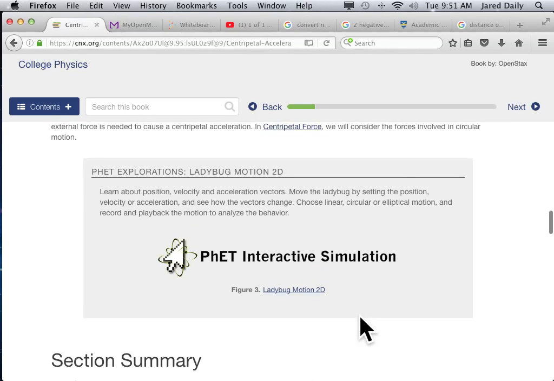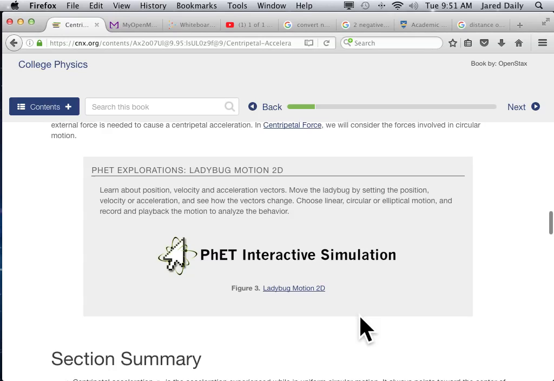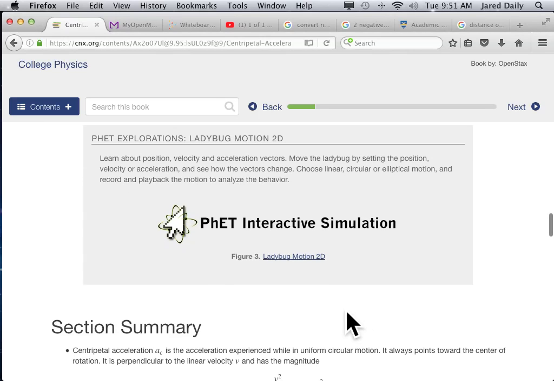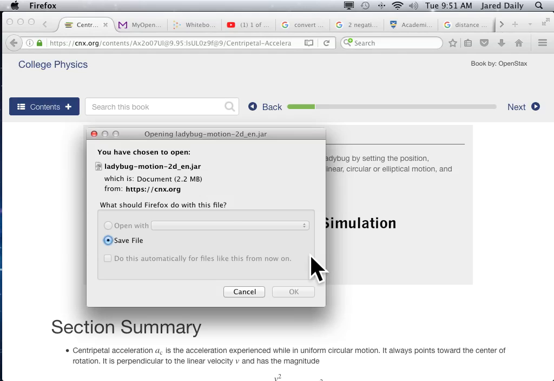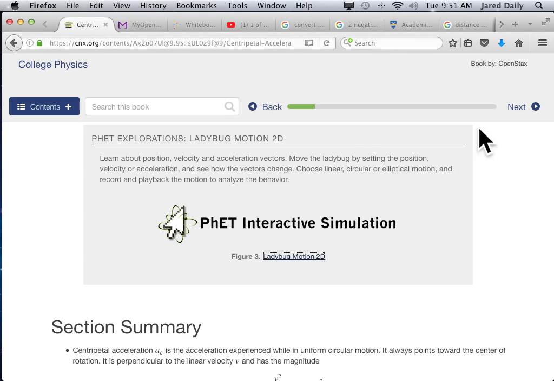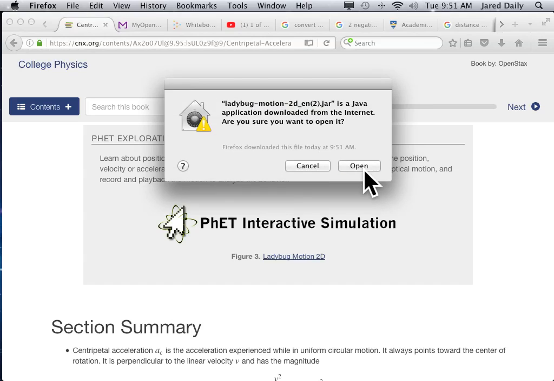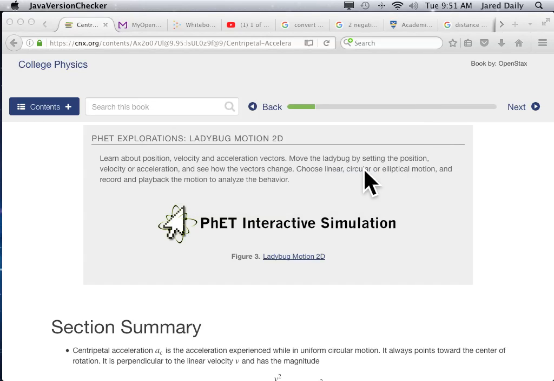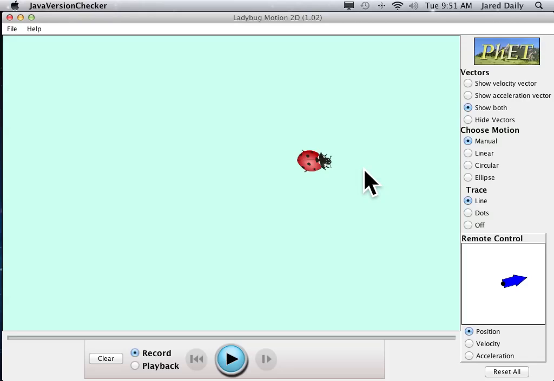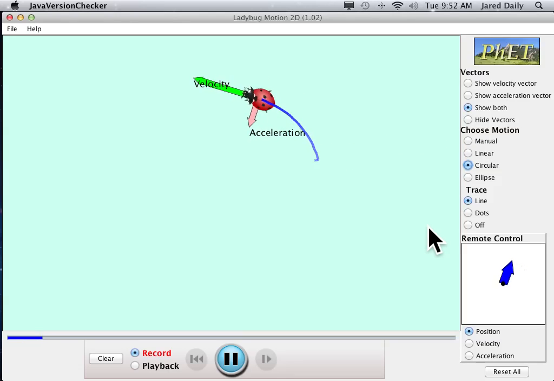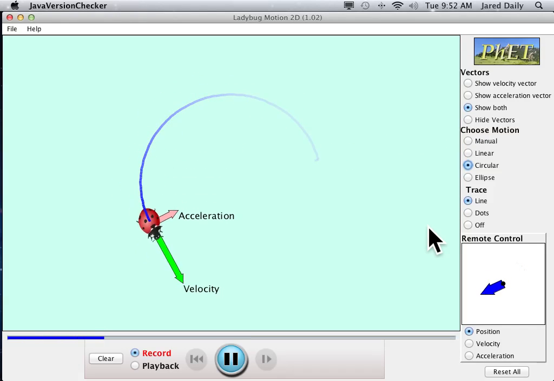Okay. Let's watch another ladybug show here. So here's our ladybug going in a circle.